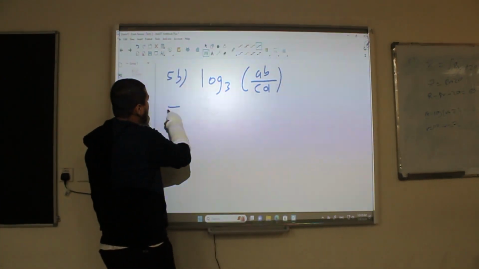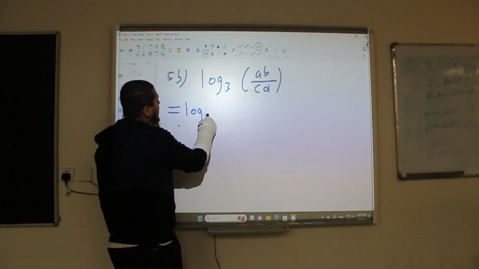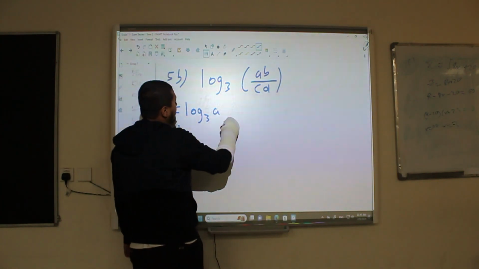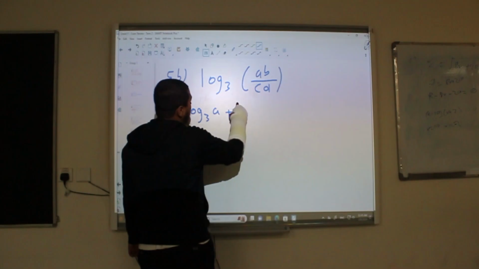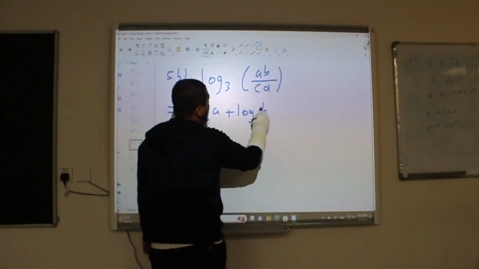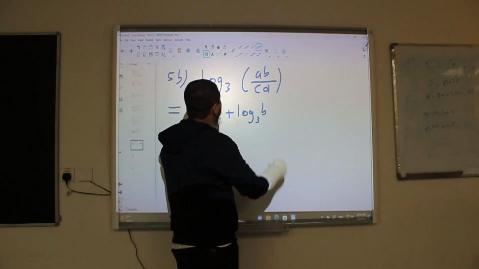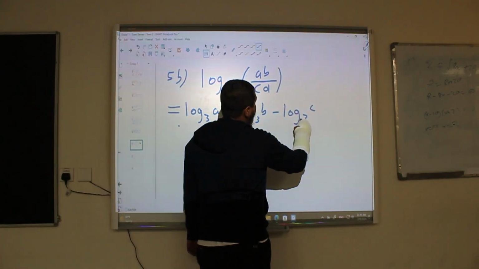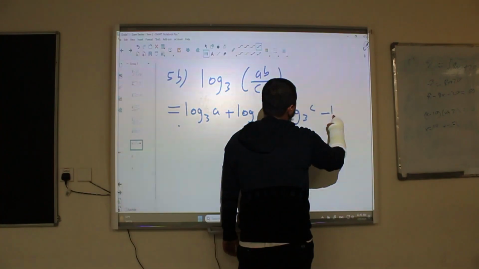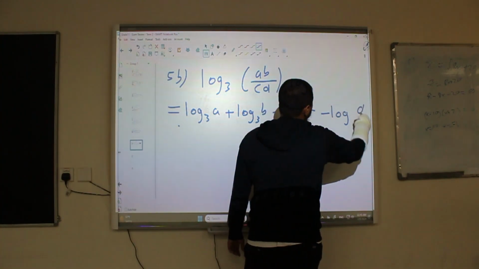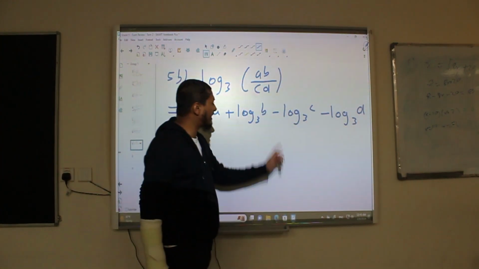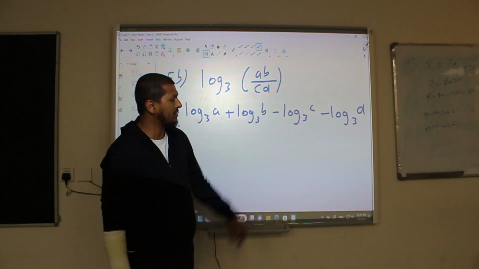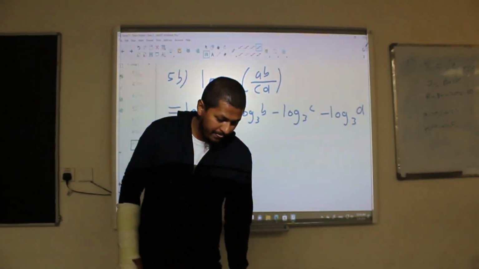So we end up with 4 terms: log A base 3, plus log B base 3, minus log C base 3, minus log D base 3. Why minus and minus? Because that's in the denominator.